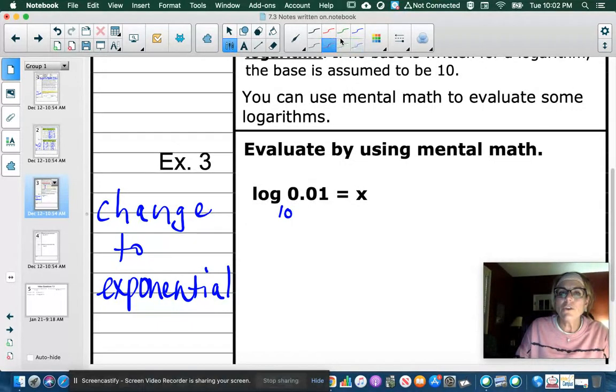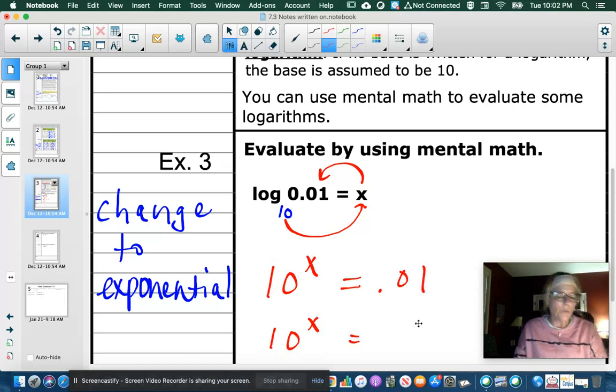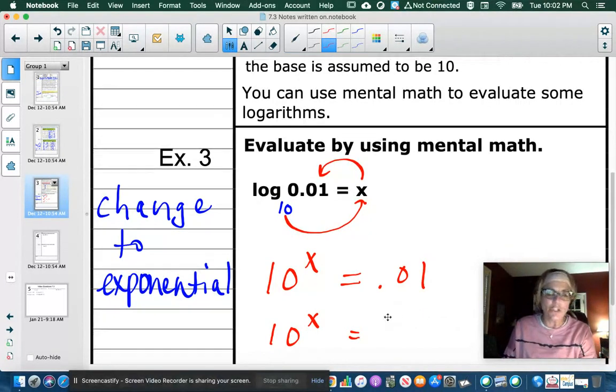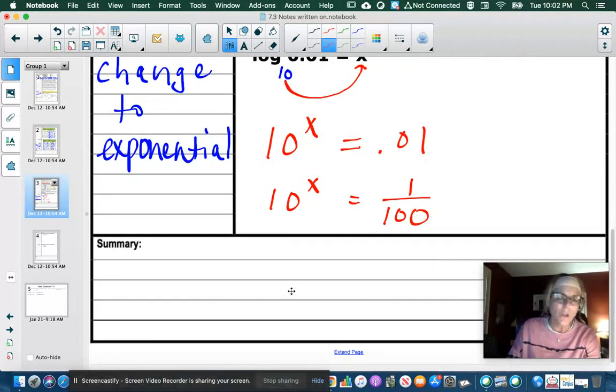So if we convert from log to exponential, remember we always start with the base. 10 to the power of x is 0.01. Well, 0.01, we can write that as a fraction. That is the same thing as 1 over 100. They're equivalent to each other.